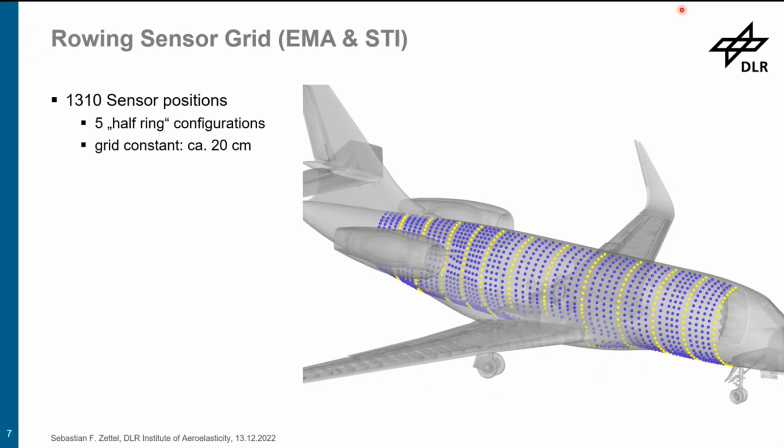So considering the requirements and limitations I just talked about, we designed the measurement grid, which you can see here on the right. We identified 1,310 sensor positions to be measured, and in total we designed 5 half-ring configurations. So you see the full measurement grid, or all the measurement positions we measured on the aircraft, but the yellow marked ones here are the first configuration of sensors, a subset of the full measurement grid.